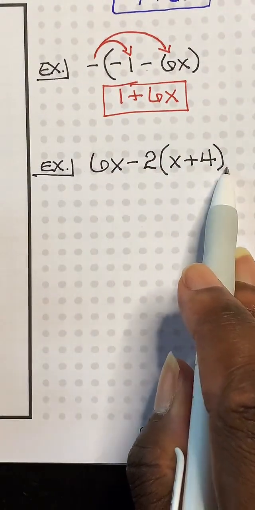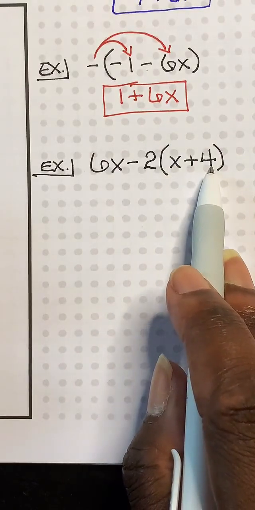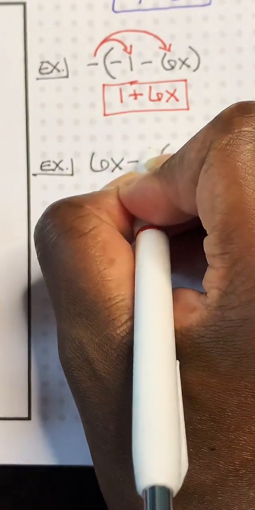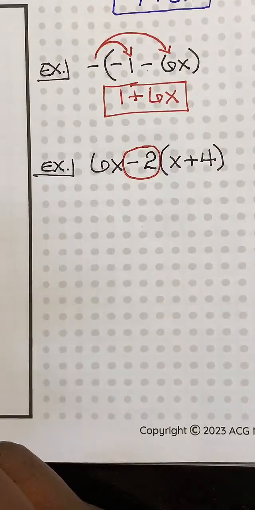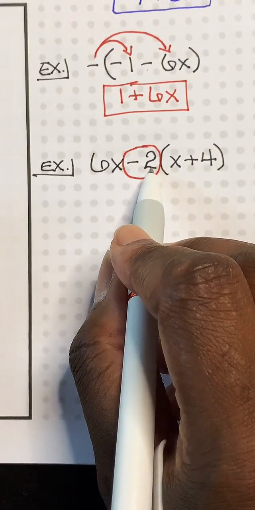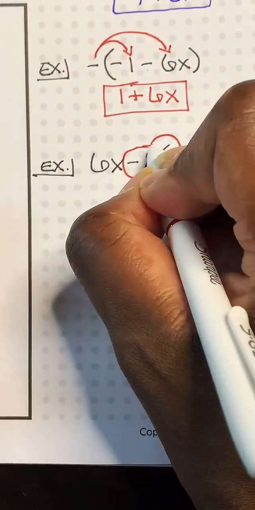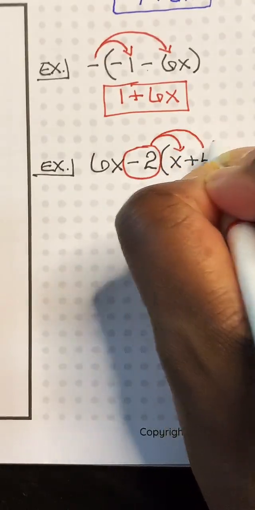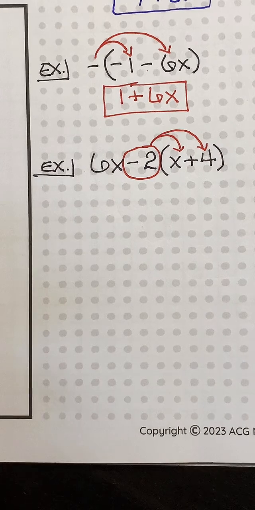Inside the parenthesis, we don't have like terms because we have an x and a 4. So I'm going to distribute a negative 2. This minus sign is acting as a negative to that 2. So instead of doing it separately, I do it all together, distributing to everything inside of that parenthesis.